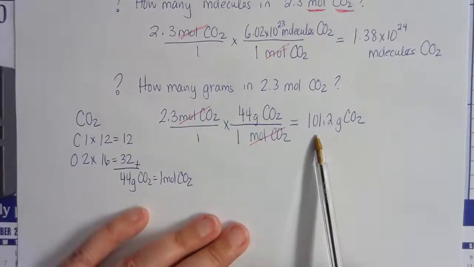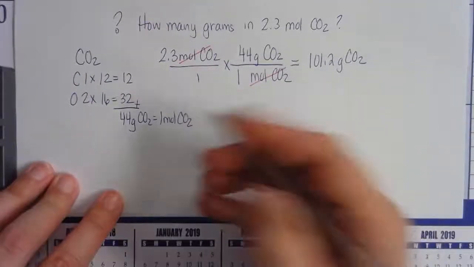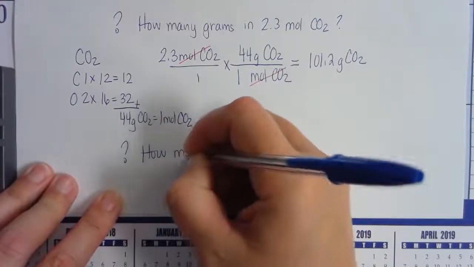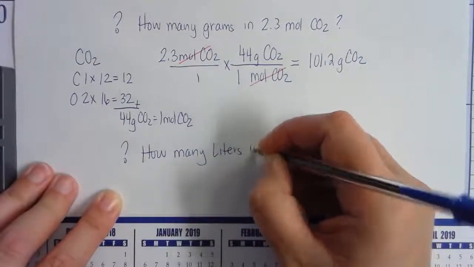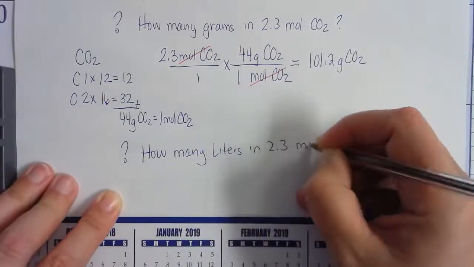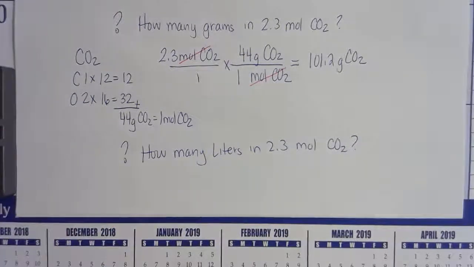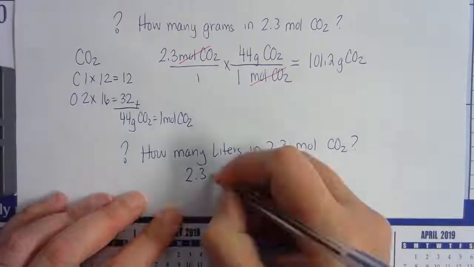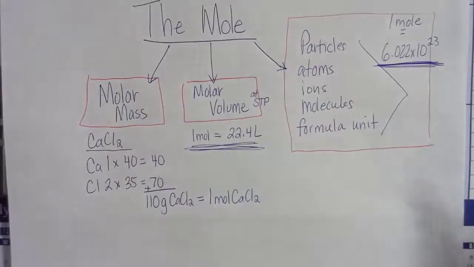Okay? Let's do the last problem that it could be. So the last one would be how many liters in 2.3 moles of CO2. All right, starting with our 2.3 moles of CO2, again over 1. Bless you. And now we're going to use which conversion factor?